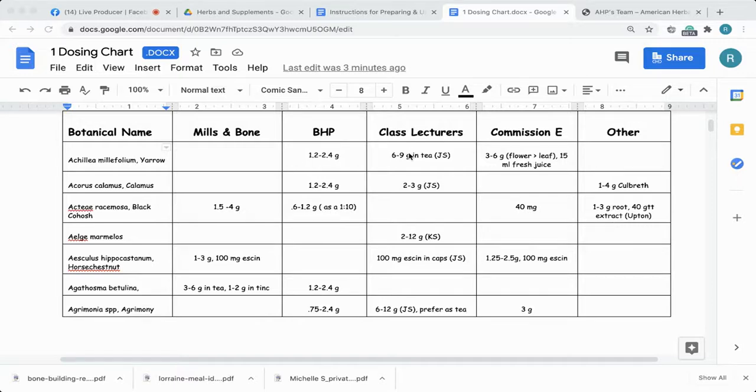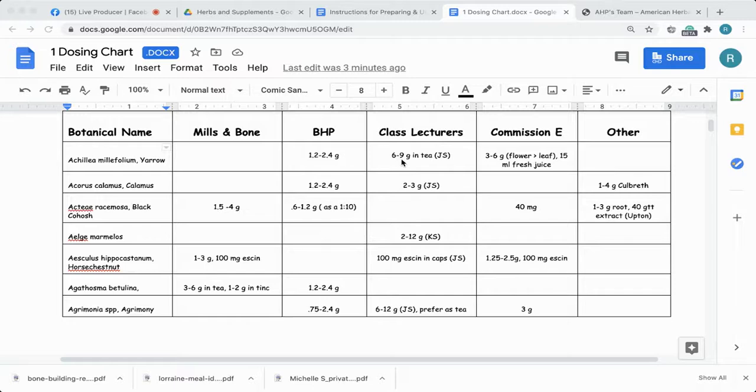But going back to our dear friend yarrow, when I make a tea for a fever, I definitely don't have to go as high as 9 grams. So keep in mind, this is a dose range. Keep in mind that people fall on a spectrum. Herbs are not as black and white as nutrients. Nutrients have an RDA, they have a TUL. We don't have that with herbs. Herbs fall more in a continuum.